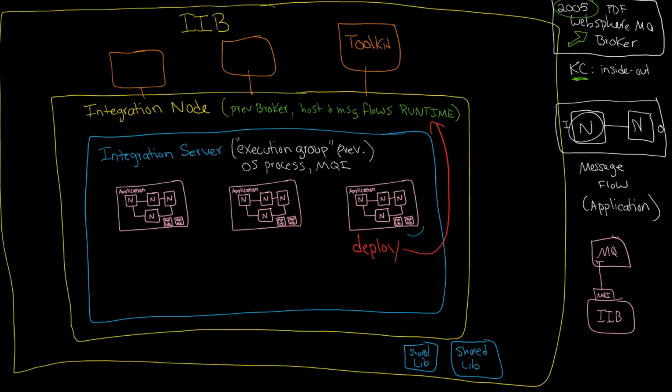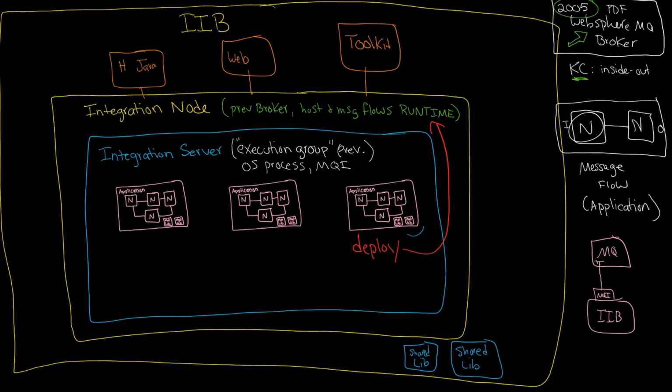And then separately, we haven't looked at this yet either, but there's actually a web interface for IIB, which is nice because you can see which applications are running, their status, and you can do a bunch of administrative work through the web interface. And then you also may have an HTTP client or a Java client. These can also connect into the integration node.